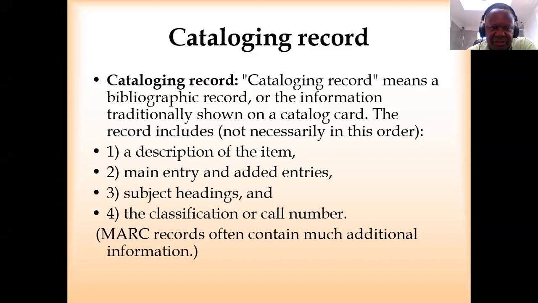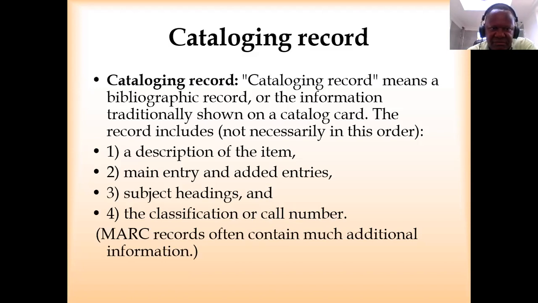Then for the classification or call number, whereas the classification number, you derive it from classifying using either the DDC and the other classification schemes. For us in cataloging, we have what we call a call number, composed of course, the classification number and the book number.